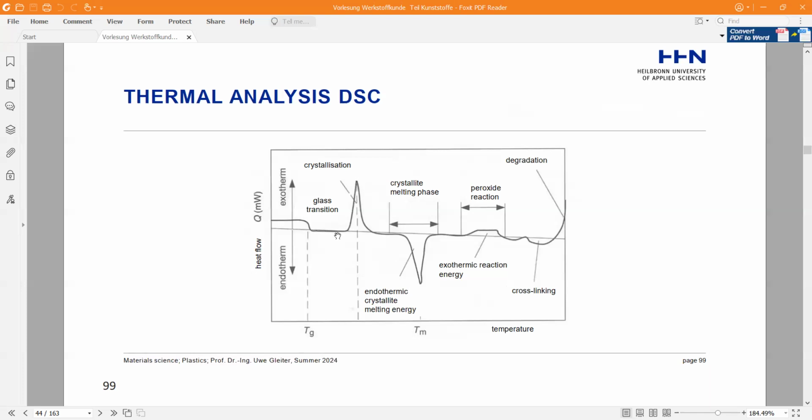So around the crystallization point there is a peak in the heat flow. Then we have a lower peak, endothermic crystalline melting energy.